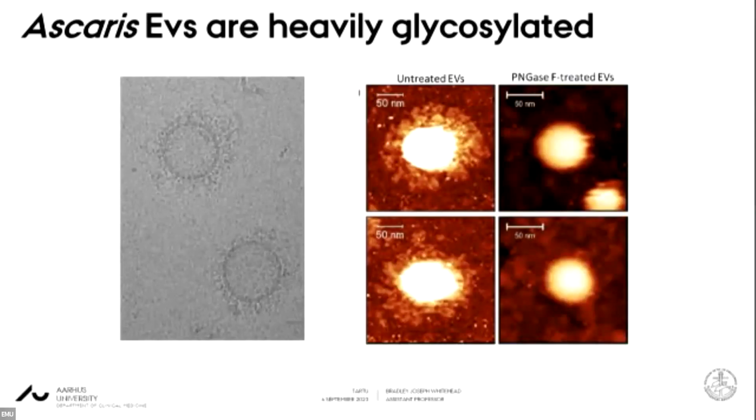We used a really simple PNGase F, so we've only removed N-linked glycans. There is some evidence that O-linked glycans might be important for worms as well, so we should really repeat with a treatment to get rid of the O-linked glycans. But as regards N-linked glycans, they made no difference to what we were seeing. We really thought that would have done it for us, but unfortunately it didn't.